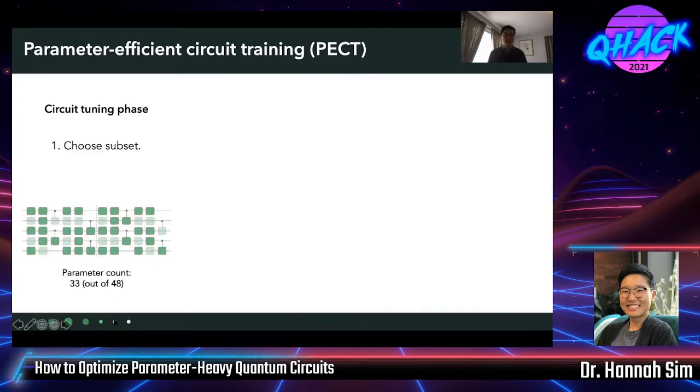And then, this particular subset uses 33 out of 48 parameters. And then you're going to tune the 33 parameters using your favorite optimizer, which is similar to just your standard VQE procedure.